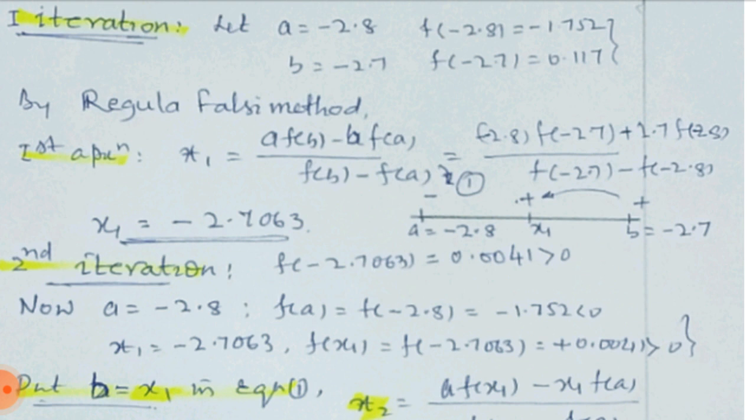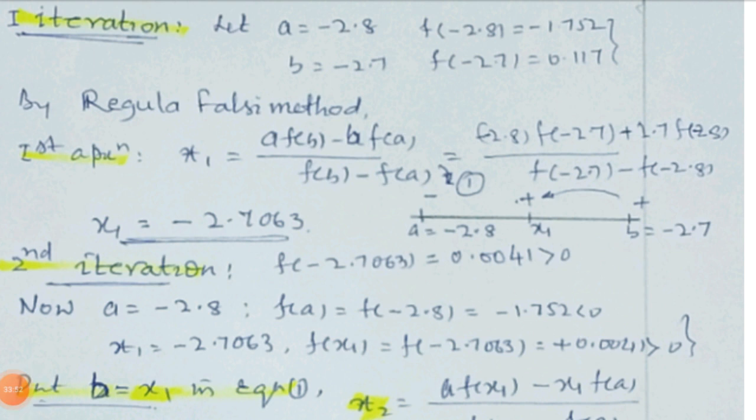Substitute for a and b. So we get a is equal to minus 2.8, f of minus 2.7, minus b into f of a, that is minus 2.7 into f of minus 2.8. a into f of b minus b into f of a.